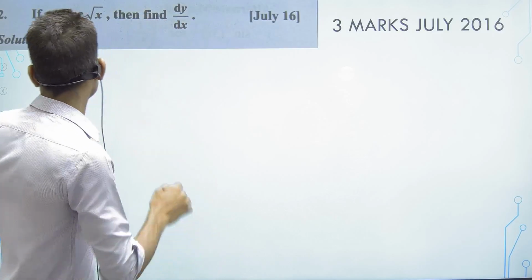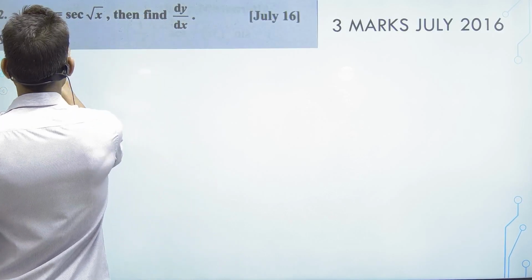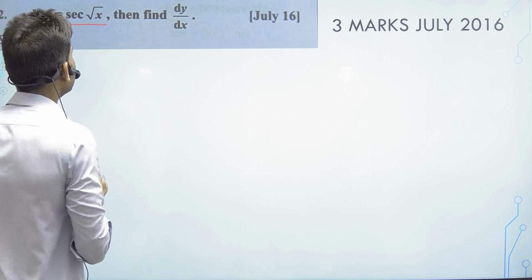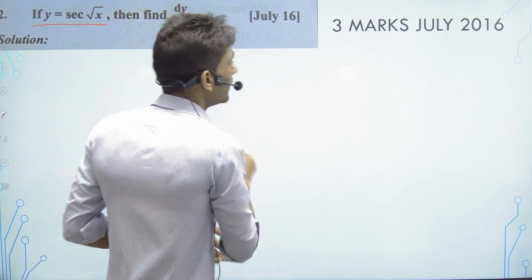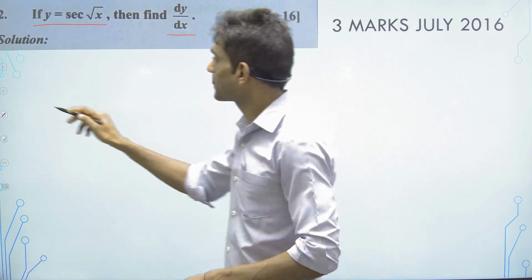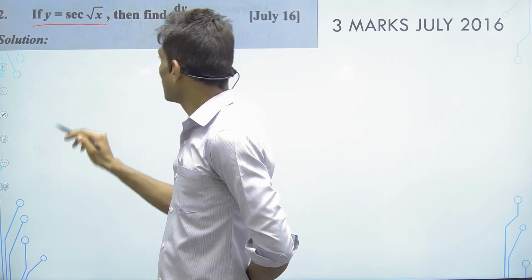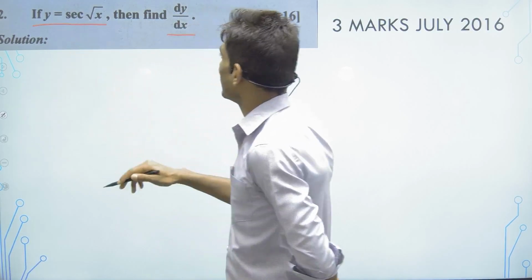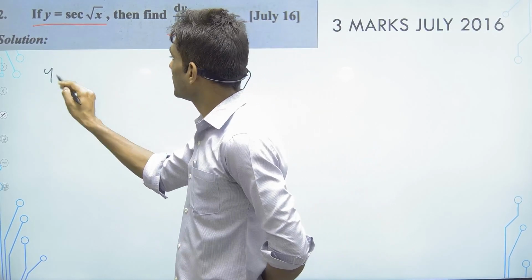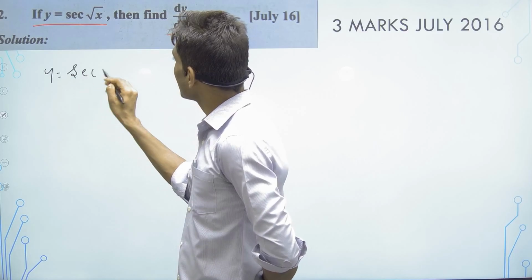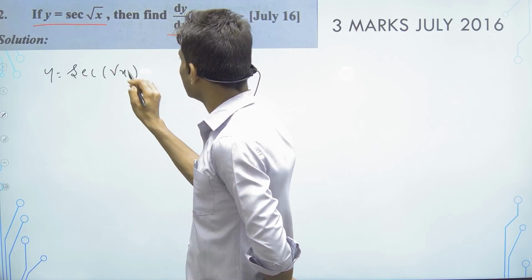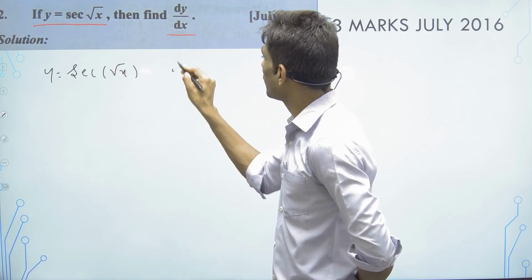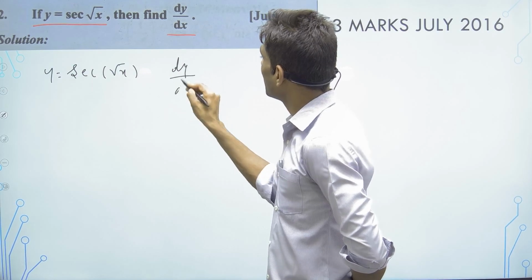Our second question says that if we have the function y equal to sec of root x, then we want dy by dx. What is given is y equal to sec of root x, and we want the value of dy divided by dx.